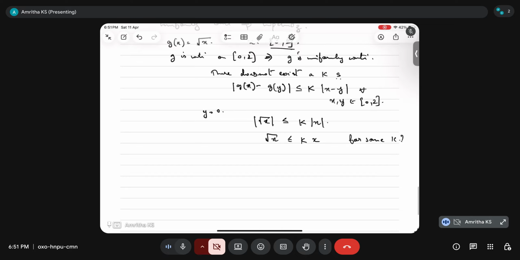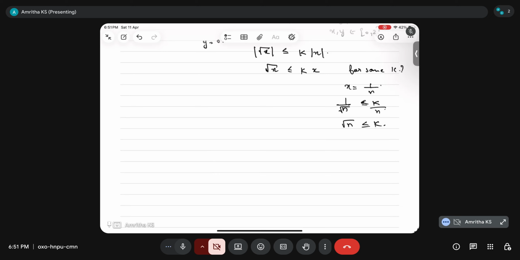If we take x to be 1 by n, then what do we see? This is root of 1 by n less than or equal to k times 1 by n, right? That means here you would get root n less than or equal to k. But this is not possible, right? Because n is unbounded.